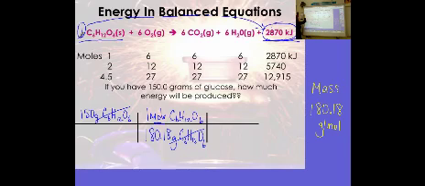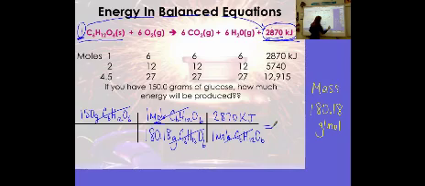I can now use my mole ratio of 1 to 2,870. So 1 mole of C6H12O6 equals 2,870 kilojoules of energy. Again, moles cancel with moles, so my answer is going to be in kilojoules.